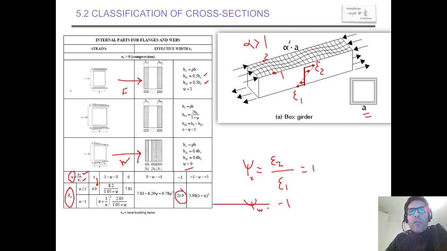So the table helps us to define not only rho, but the location of the non-effective area. Okay, so that's the mechanics, and the vast majority of examples we will do will have this shape, because we will discuss in this course especially elements subjected to bending and compression, no more than that, simple cases.